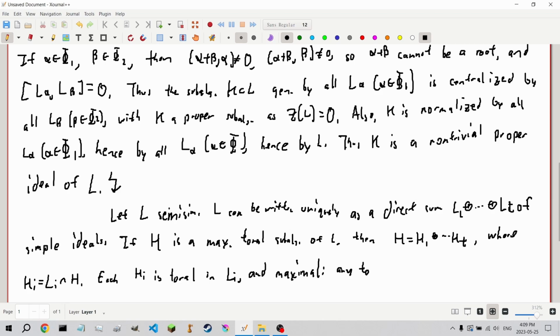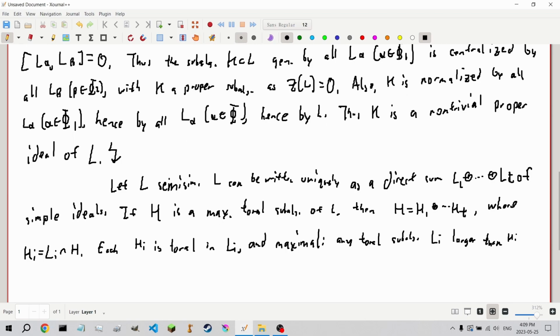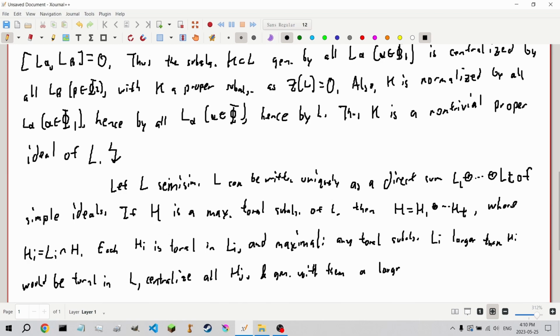As any toral subalgebra of Li larger than Hi would be toral in L, centralize all Hj distinct, and generate with them a larger toral subalgebra that is larger than our H.